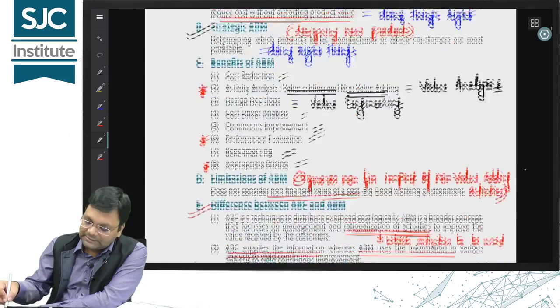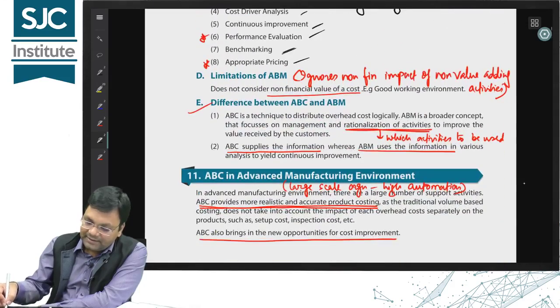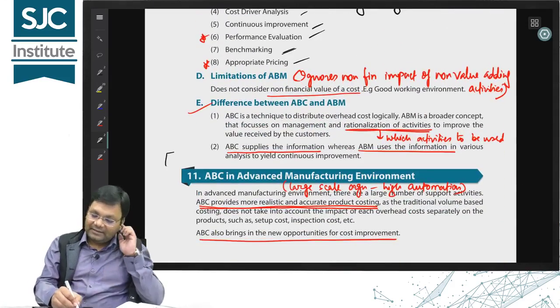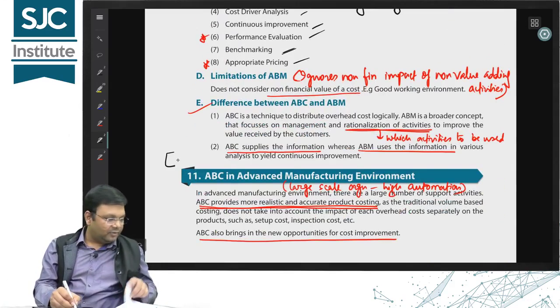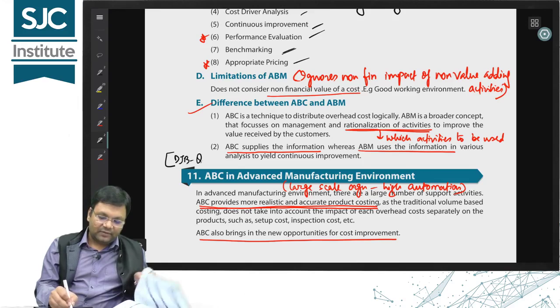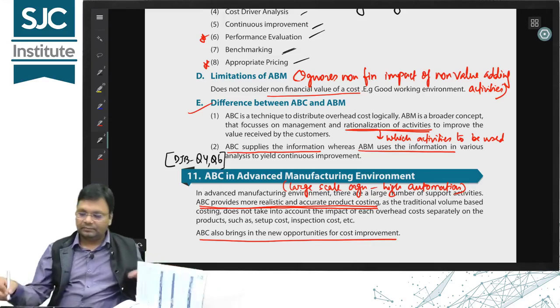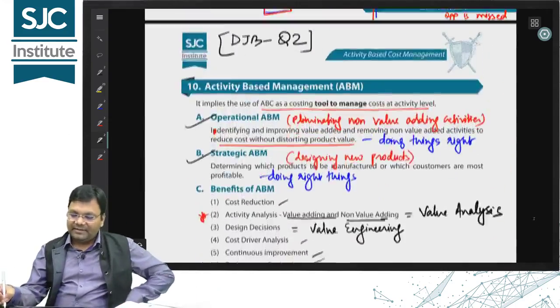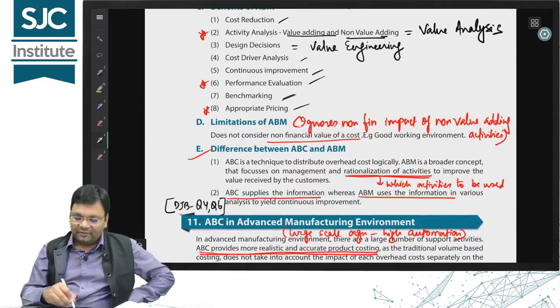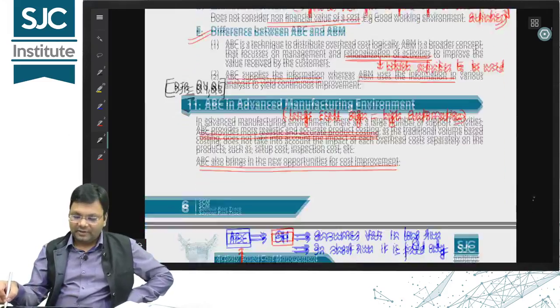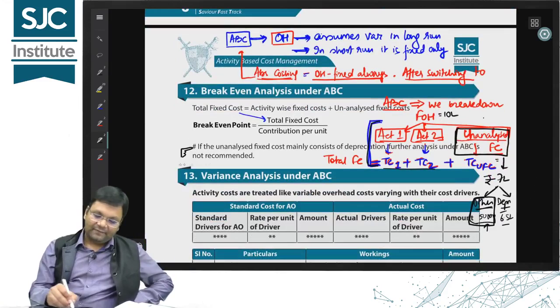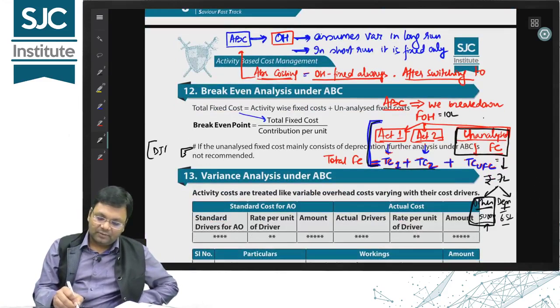Then after ABC and ABM, you have to do another question, DJB question 4 and question 6. Then after break even, you have to do DJB question number 1.